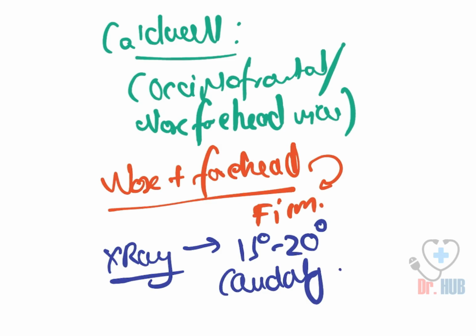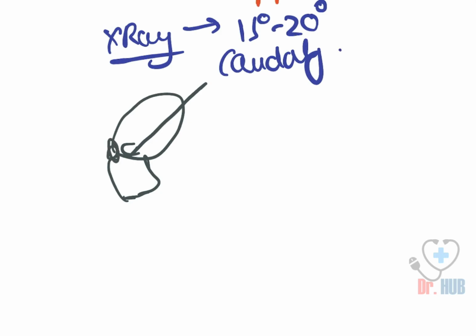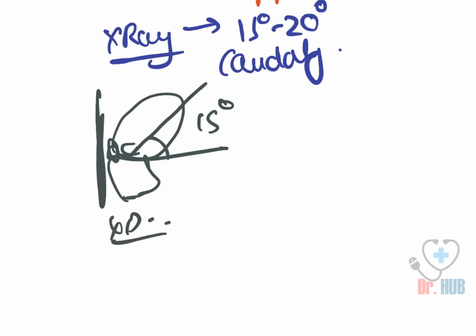And here, just depicting the diagram. So this is the skull, and the X-ray beam is coming from this side. The angle which is formed is 15 degrees, and this is the X-ray detector.